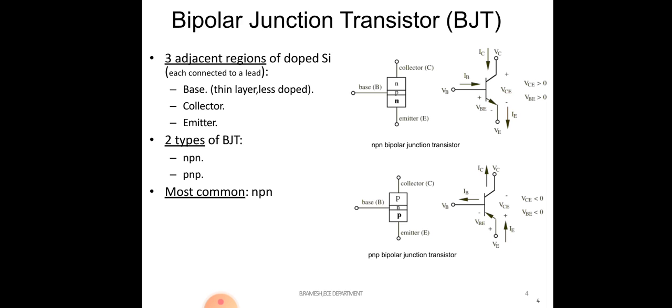Okay, so this is generally the difference between base terminal, emitter terminal, and collector terminal. So the types of BJT are NPN and PNP. Most commonly we use the NPN transistor in most applications because the current is due to electrons. There is no leakage current compared to the PNP transistor.